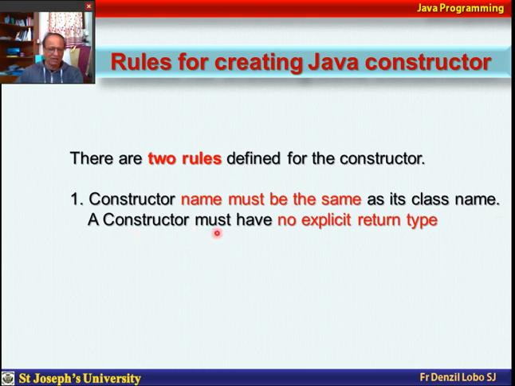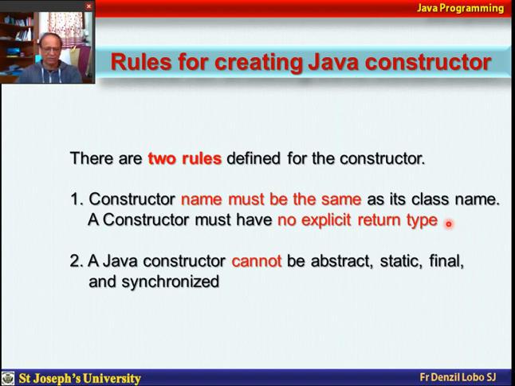But one thing is, a constructor must have no explicit return value. There is no return type, say integer, float, etc. Just the name and then the parameters if there are any. So the name of the constructor should be the name of the class, but no return type is mentioned.